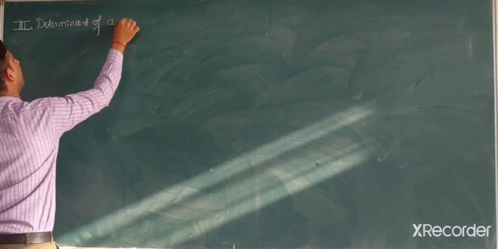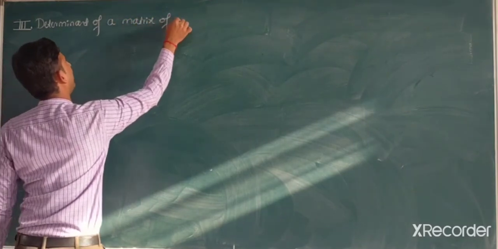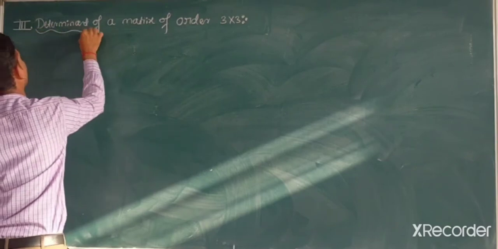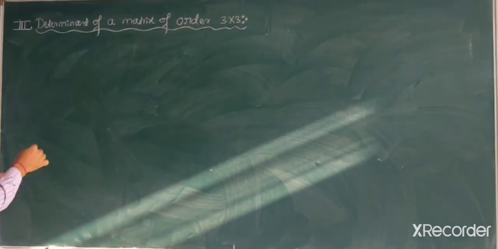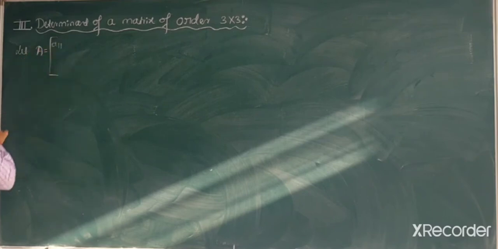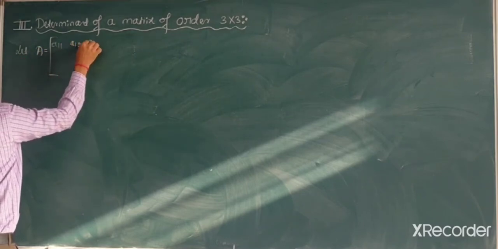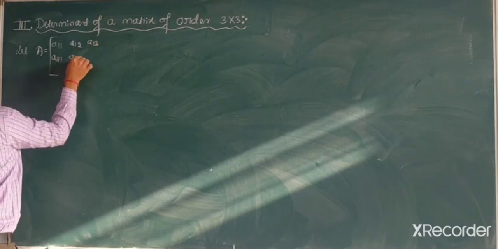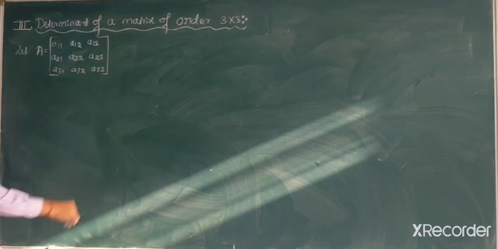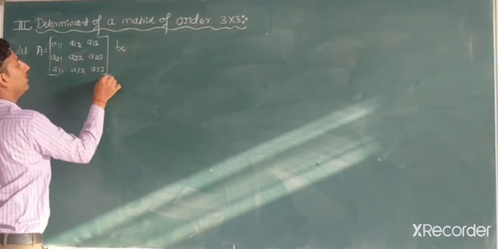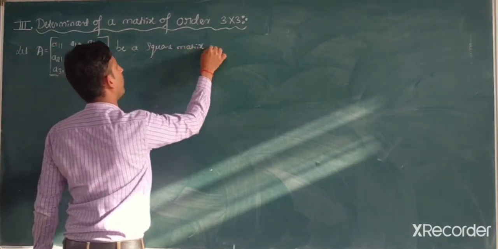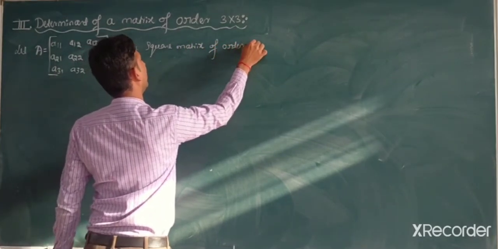Let A be the matrix with entries A11, A12, A13, A21, A22, A23, A31, A32, A33, a square matrix of order 3 cross 3.